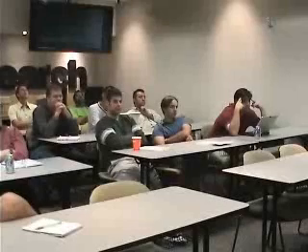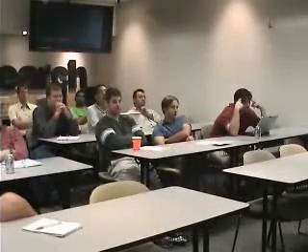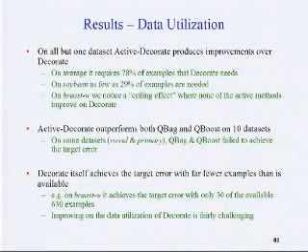Then we look at each of the active learners and see the smallest number of examples needed to acquire the same or lower error. And then we define the data utilization ratio as the number of examples required by the active learner divided by the number of examples required by Decorate. What this metric reflects is how efficiently your active learner is utilizing data.